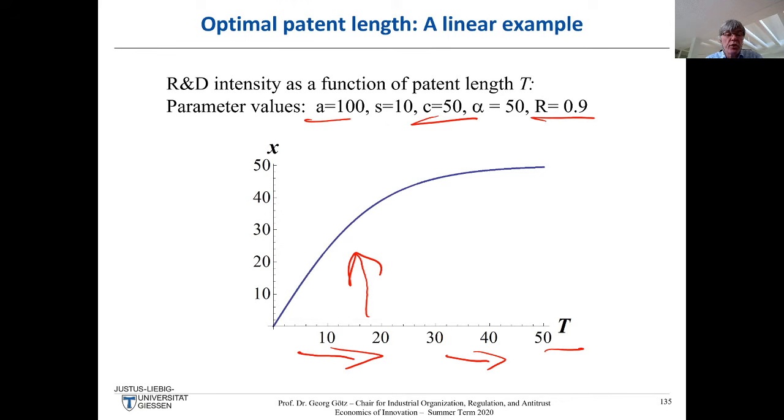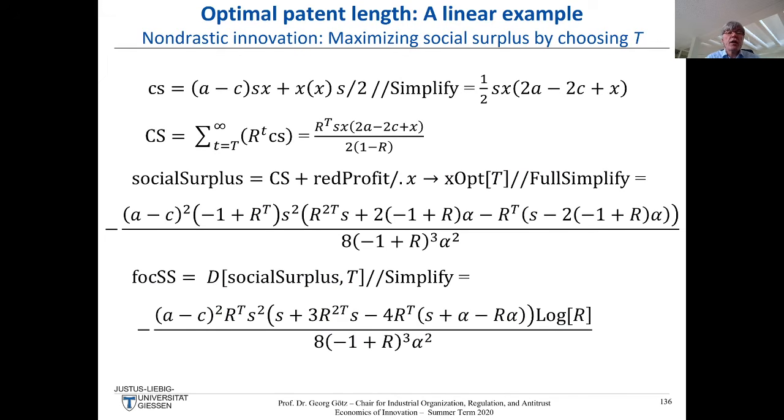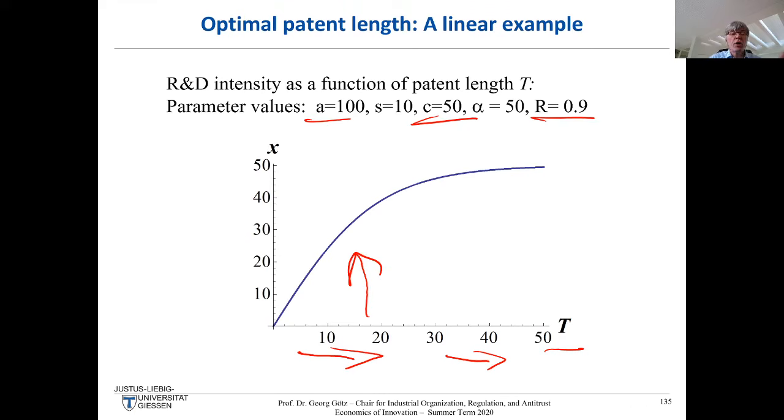What you see already is that it makes a lot of sense to have a positive patent length, but it need not be too long, because otherwise you don't get much additional cost reduction. That was the viewpoint of the firm, how the firm reacts to a change in T.